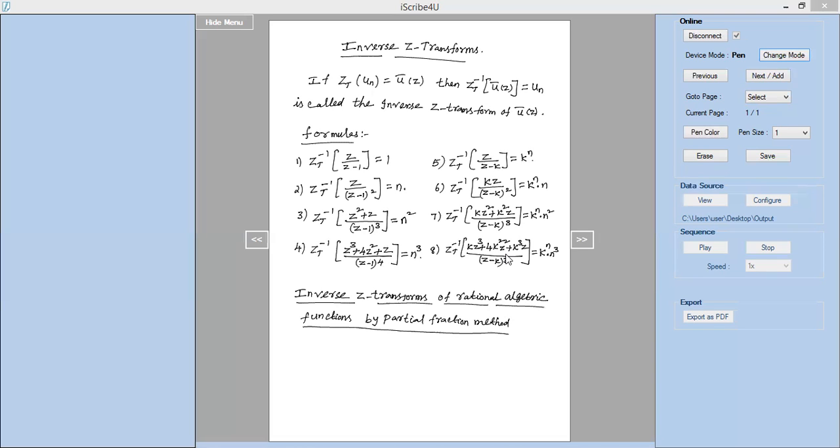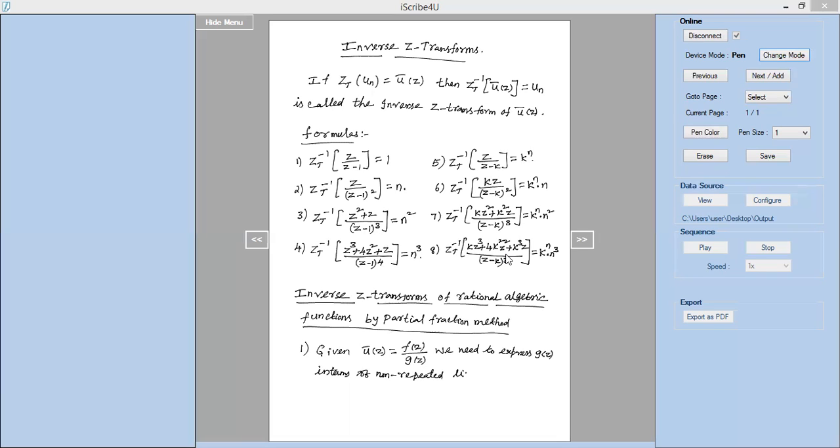First step: given u bar of z equal to f of z divided by g of z, we need to express g of z in terms of non-repeated linear factors only.